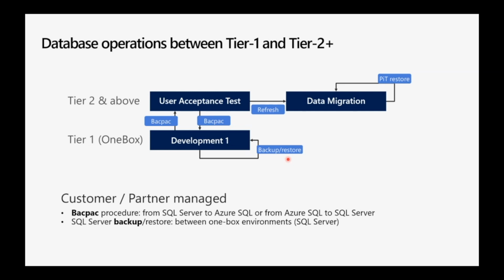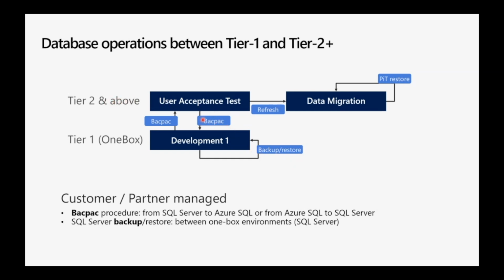If you have your golden configuration on a tier 1 box and you need to copy it to the tier 2, then you will have to create the backpack file yourself. There is some documentation on how to do that. You upload that backpack file into the asset library, and then the import you can do from the tier 2.